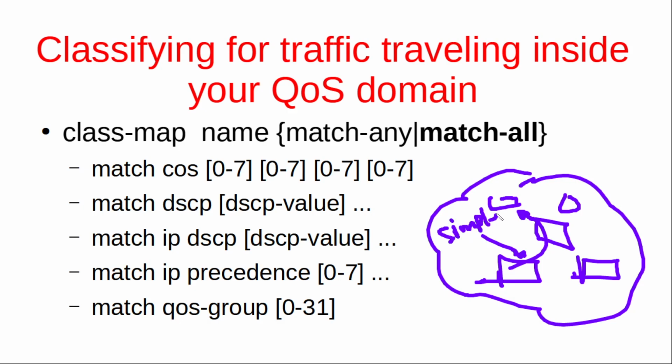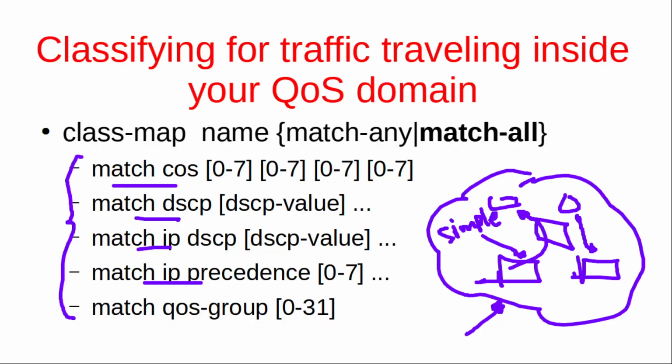You don't really want to be extremely detailed on your classification here. You are only going to trust your markings. So the complex classification happens here when traffic wants to enter your switching domain, but once the traffic is traveling inside your network, in your inner network, your classification can just rely on these commands.